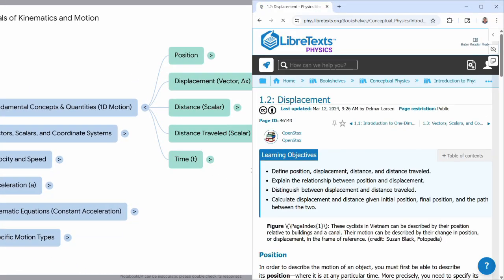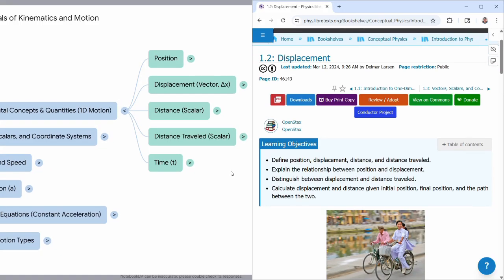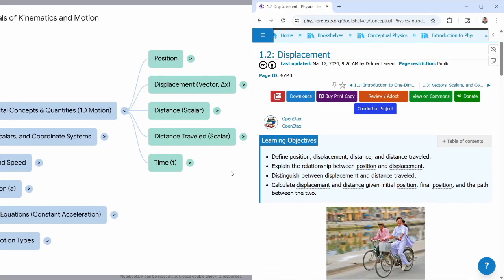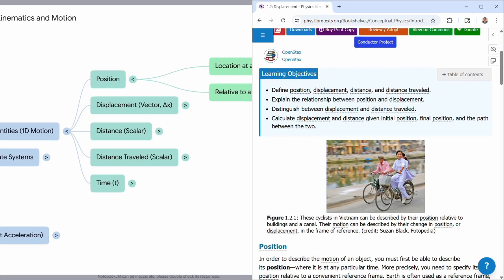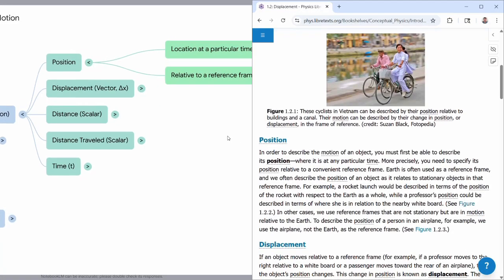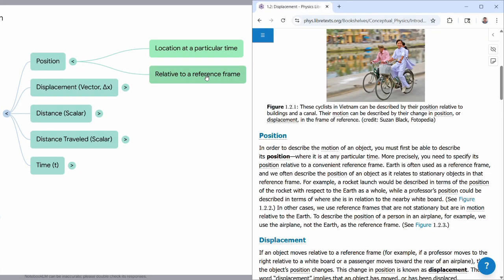We're going to define some words, some of which will align fairly well with your everyday intuition about these words, like position describes where something is. Often it's as a function of time, and that I think is intuitive enough.